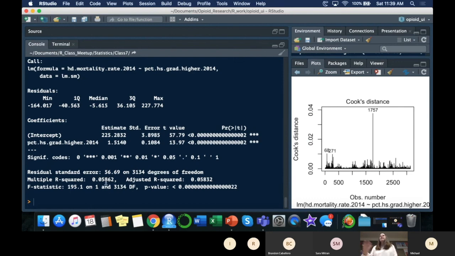So you see exactly what I just said. Our R squared value is really small here. It's only explaining 5% of the variation in heart disease mortality. So we're not explaining much of heart disease mortality with education, and we'd have to go out and find more predictor variables that help with that. Does that answer your question?